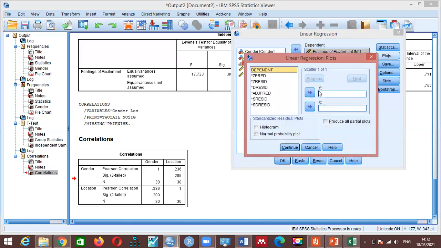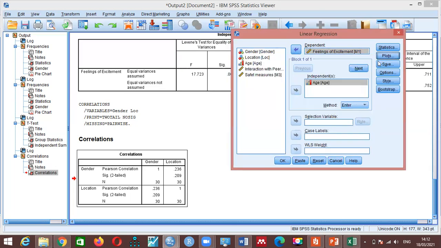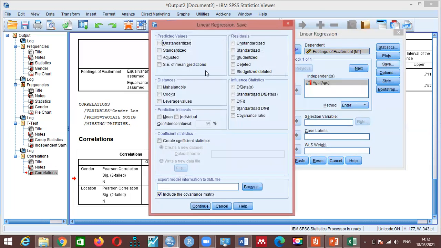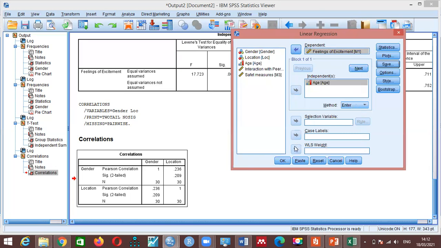The plots, if you want to see the histogram or normal probability plot, you can see that there. If you want to do other things like Mahalanobis, that is one of the data cleaning techniques. Okay, so there are different things you can do here actually. But yeah, let's just do a simple regression.